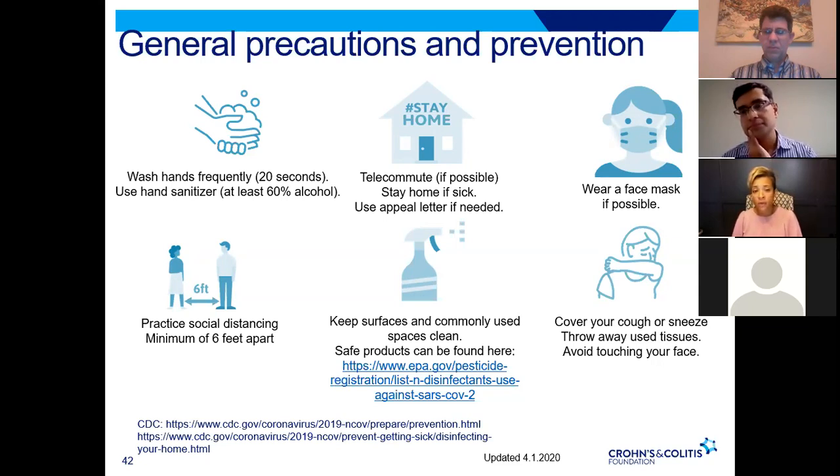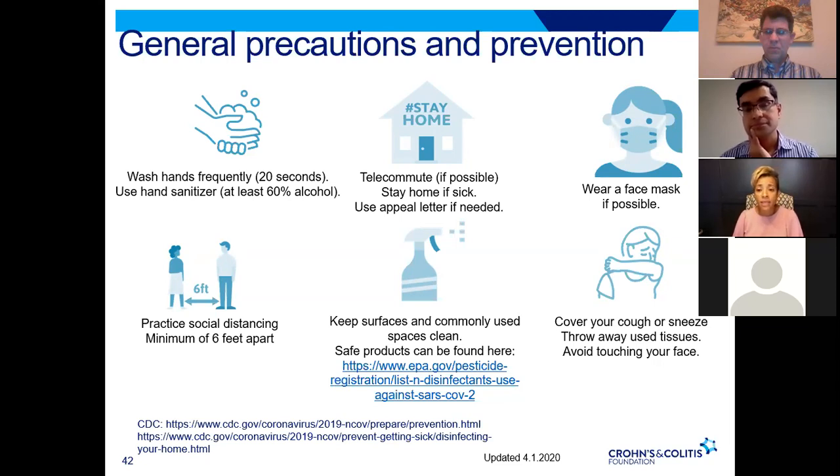Staying home if you can. Telecommuting, that's not a luxury for everyone, but it is possible for some. Staying home, particularly if you're sick, and then asking your healthcare team, your gastroenterologist or your primary care doctor for an appeal letter if you're concerned about your work environment or school or what have you.